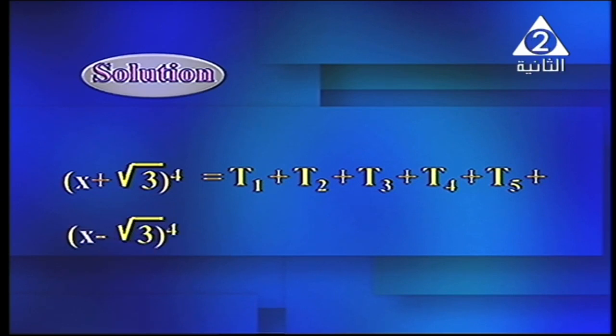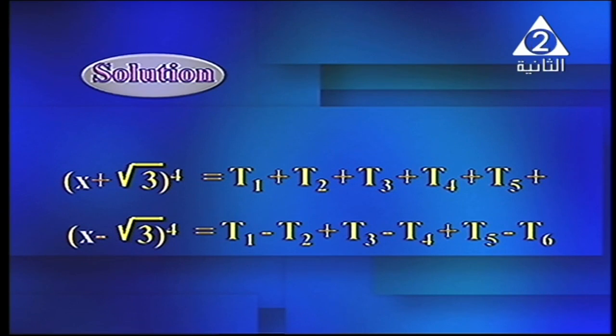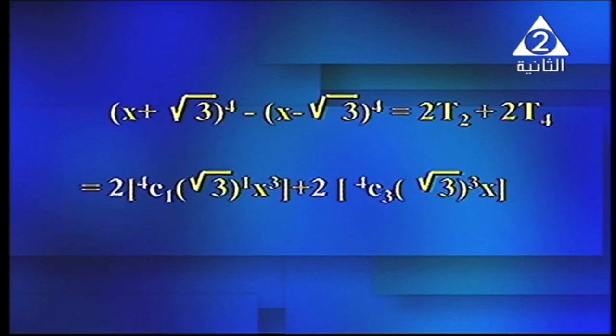And (x - √3)^4, by the same method, has t1 - t2 + t3 - t4 + t5. Then, by using the method, we have left hand side equal to 2t2 + 2t4. Why? Because we have the first bracket to the power 4 and the second bracket to the power 4.